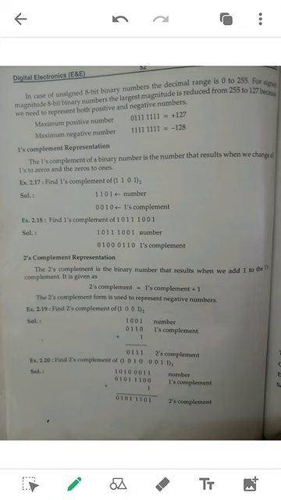Please remember, for the decimal numbers for the 8-bit, meaning B0 to B7, the binary has 8 bits, the range is from B0 to B7. For that 8-bit, the decimal range is from 0 to 255. Okay, so here you can observe this 0 to 255 is the range for the decimal, to represent an 8-bit binary.